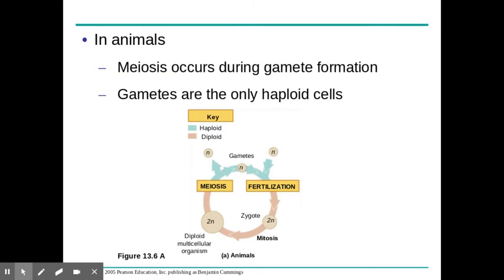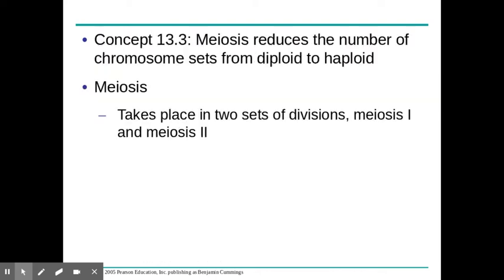So in animals, meiosis occurs during gamete formation. And we're not going to go through that part. All right, so now we're actually going to go through what meiosis actually looks like. Meiosis overall reduces the number of chromosome sets, so the original cell is diploid, and it's going to become a haploid cell in the end.